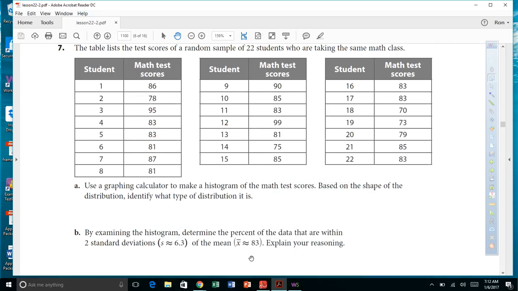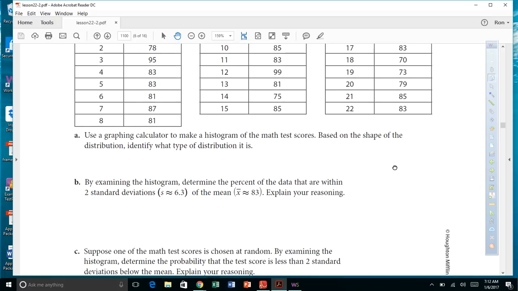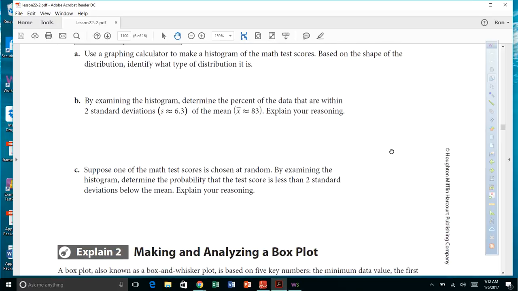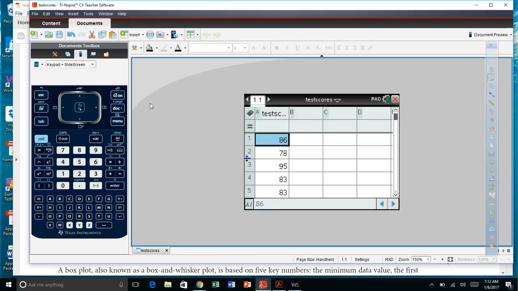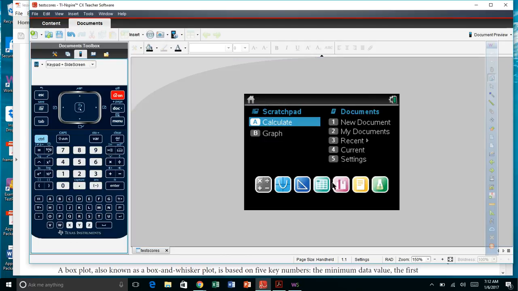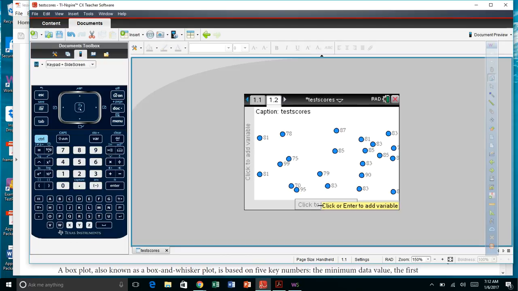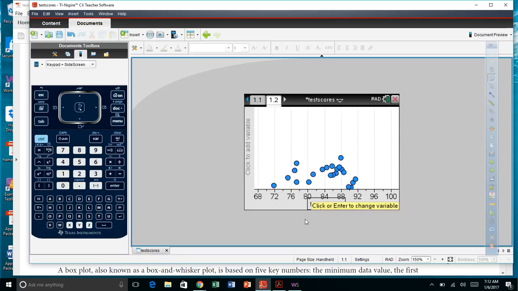Let's go back. What are we supposed to do? Using a graphing calculator, make a histogram of the math test scores. Based on the shape of the distribution, identify what type of distribution it is. So we need to make a histogram. We'll go down here and put test scores.